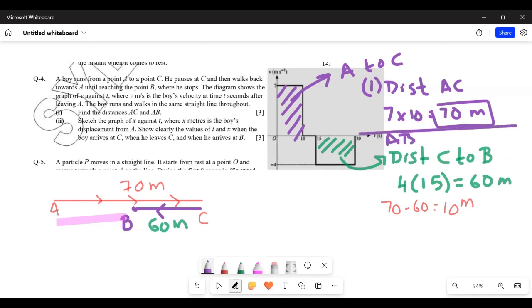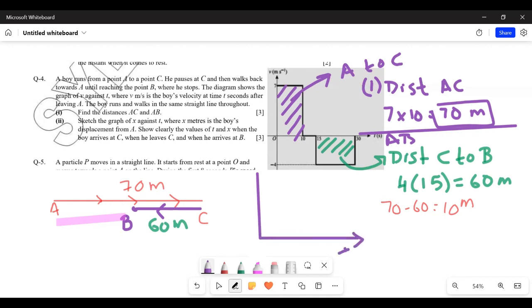Okay. Part 2 says sketch the graph of X against T. What was X? The distance, where X meters is the boy's displacement from A. Show clearly the values of T and X when the boy arrives at C, when he leaves C, and when he arrives at B. So now we have to draw a displacement time graph.